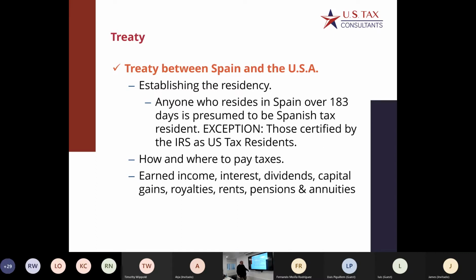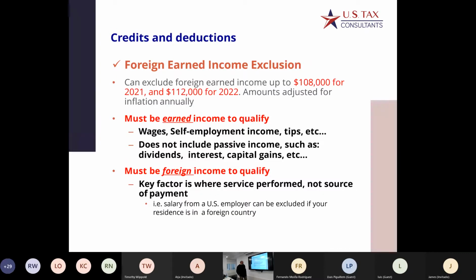Basically, the treaty tells you how and where you have to pay the taxes on earned income, interest, dividends, capital gains, royalties, rents, and pensions and annuities. Those are all the things that you have to pay taxes on here in Spain.